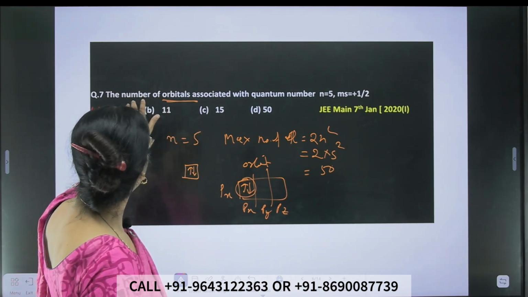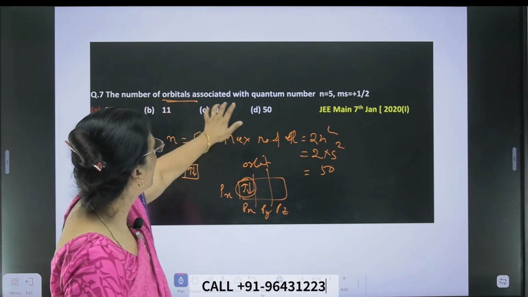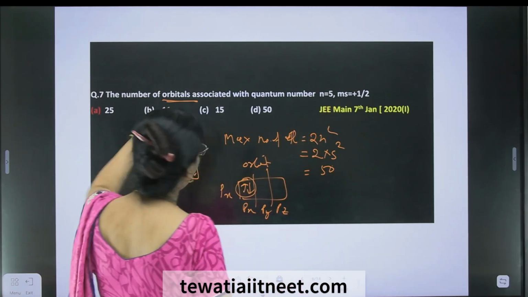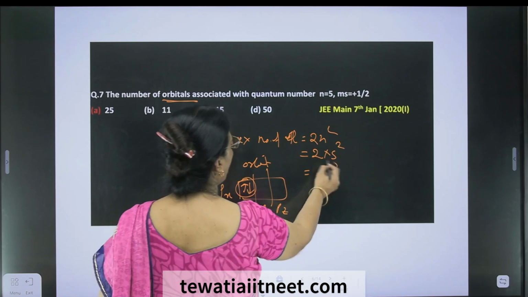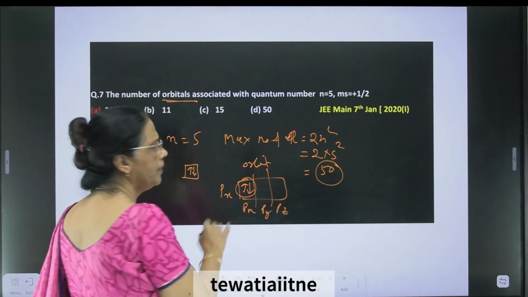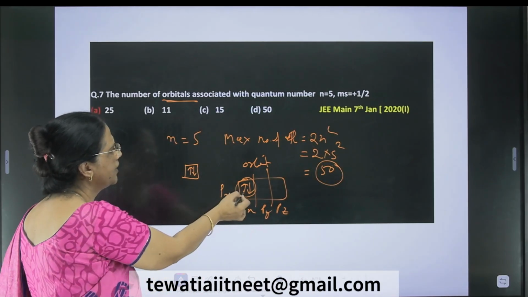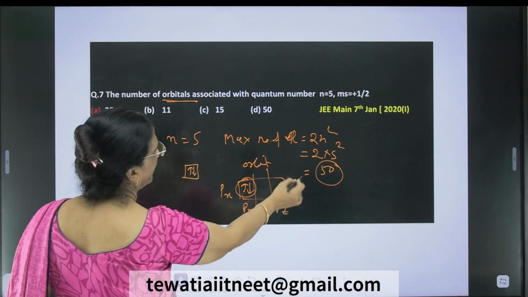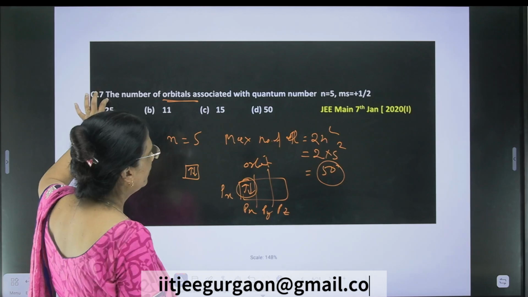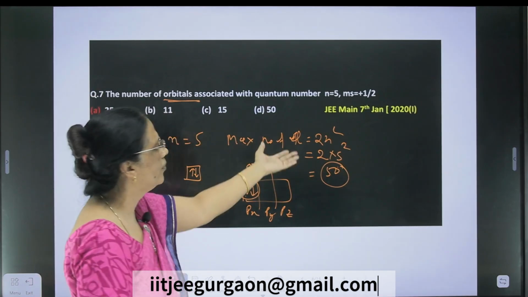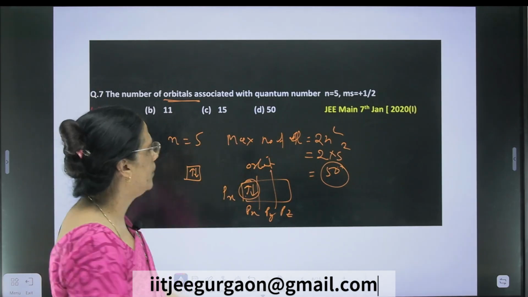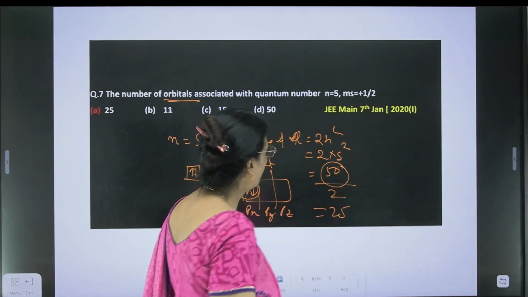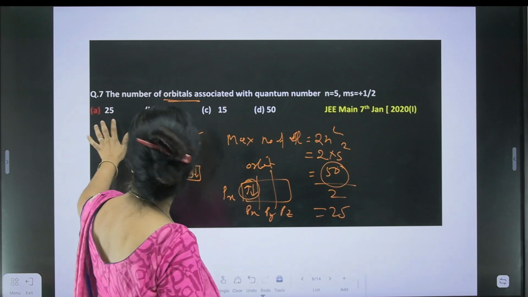So the question is how many orbitals will be there? 50 electrons are there, so 25, because one orbital can accommodate maximum 2 electrons. So the correct answer will be 25, because 50 electrons can be accommodated in 25 orbitals. So the answer is A.